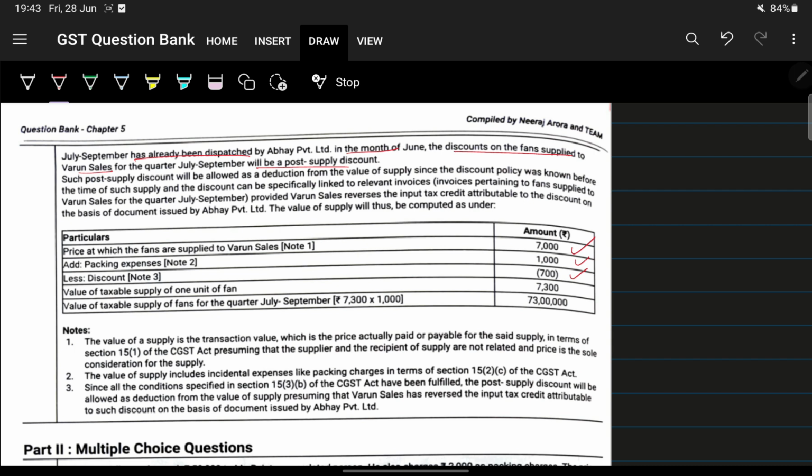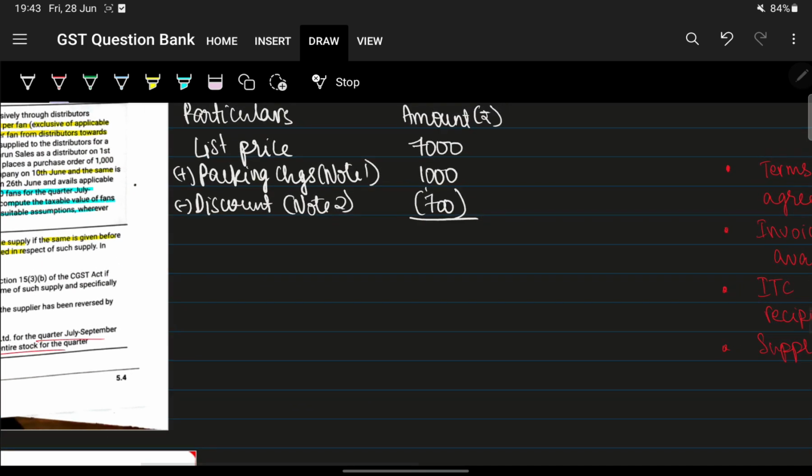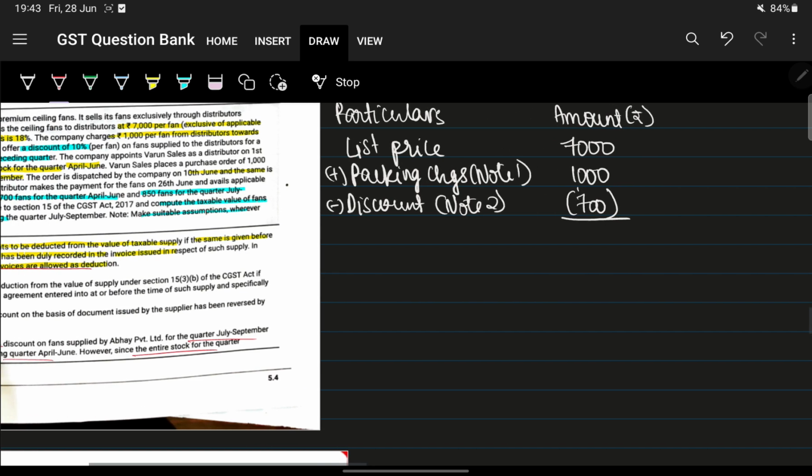Next, the value of one unit will become 7,300, right? Because if you solve all this, you'll get 7,300, and then multiplied by 1,000 fans. So this will be 7,300 per fan, value per fan, into 1,000 units, because that was the original purchase order.